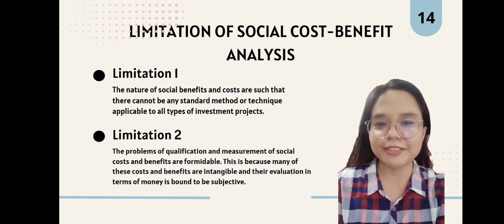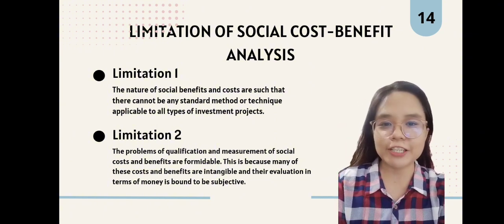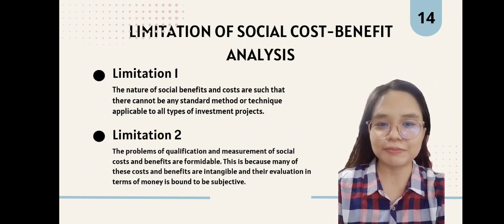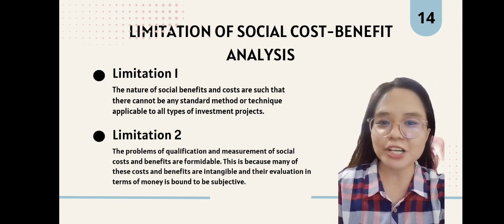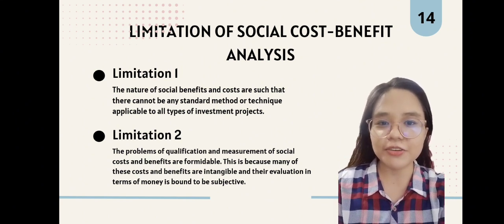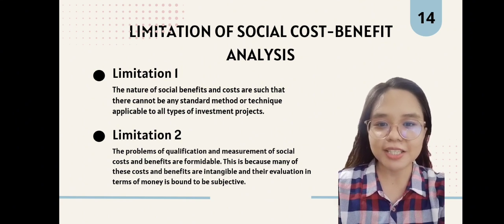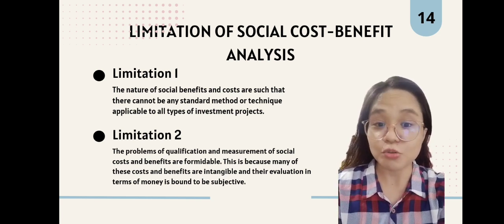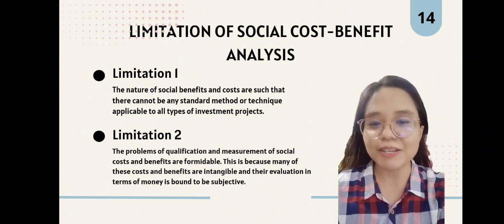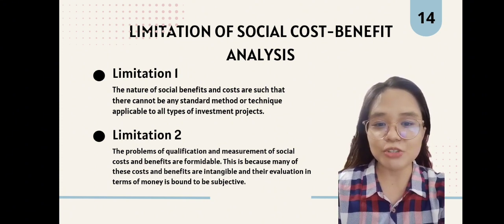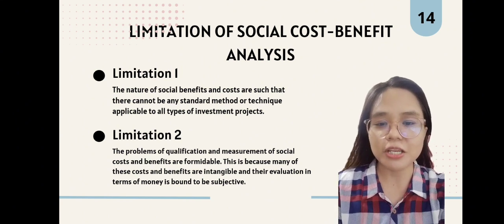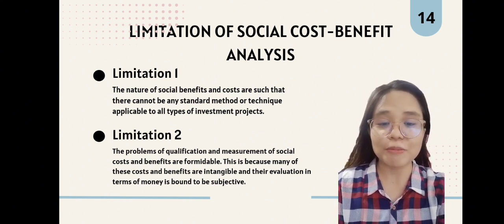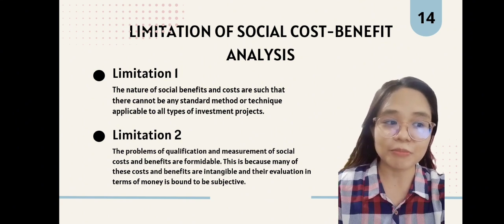At another level, the problems of quantification and measurement of social costs and benefits are formidable. This is because many of these costs and benefits are intangible, and their value in terms of money is bound to be subjective. Even with honesty of purpose, assessment of social good and social evil is likely to be tainted by the analyst's own ideas and subjective preferences, and the resultant decision may not serve the socio-economic goals which might have been initially formulated.